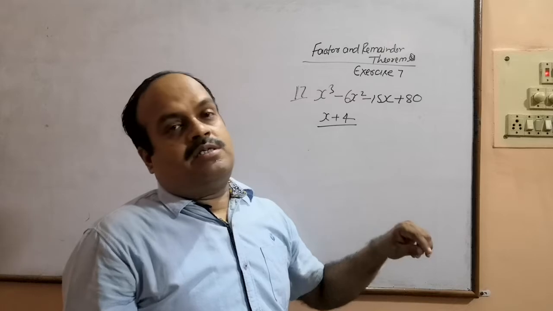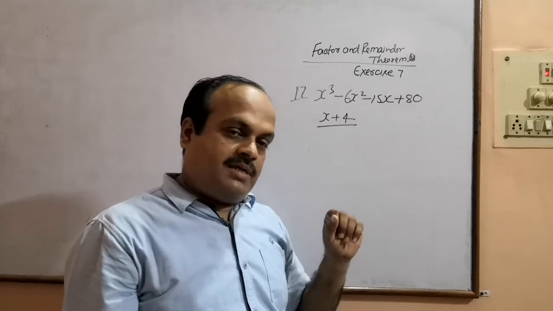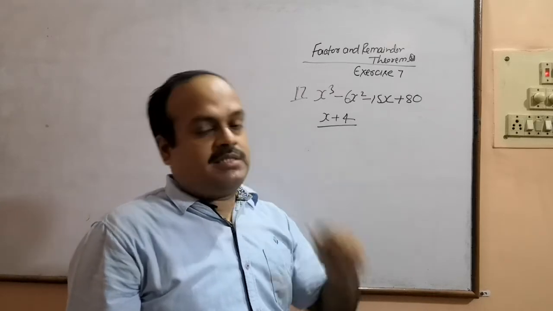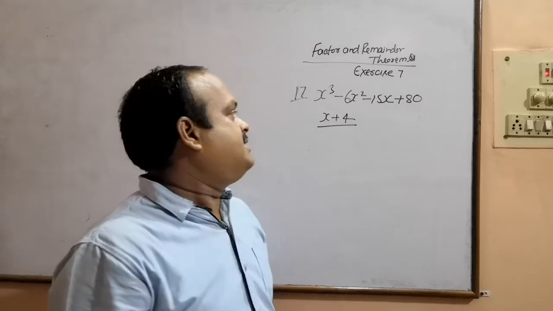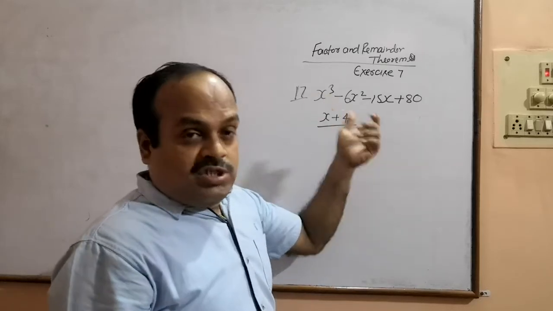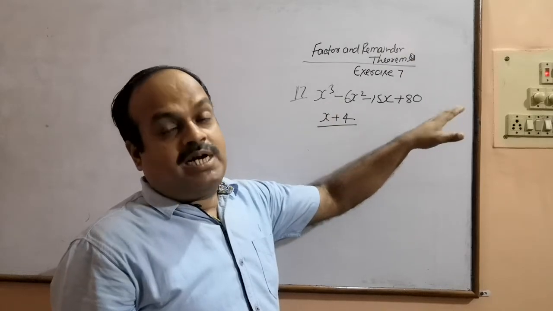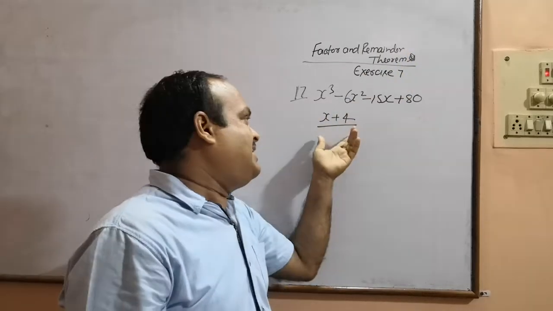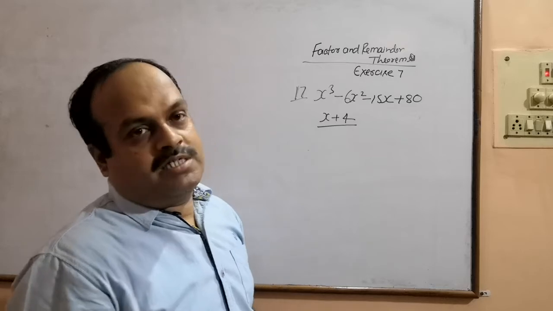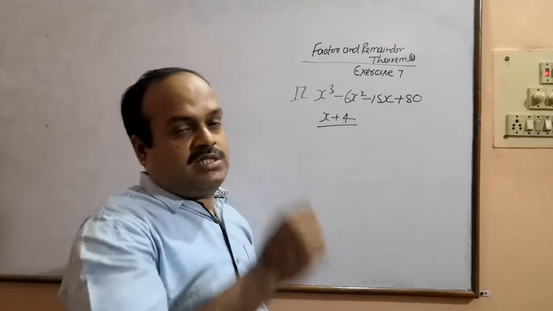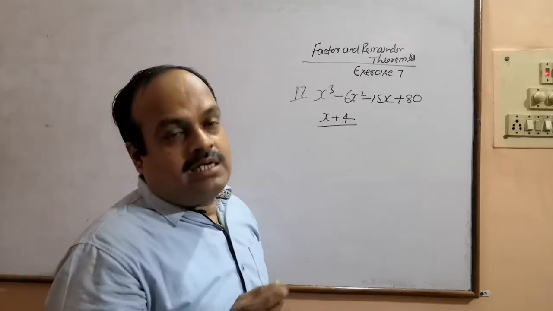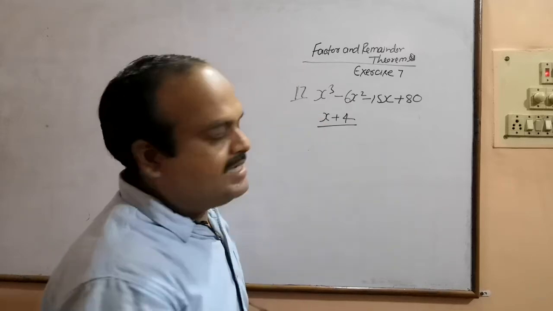So I will start with shortcut. So the question is, what must be subtracted from this so that the resulting polynomial is exactly divisible by x plus 4. So you need to start with a sentence, let k must be subtracted.